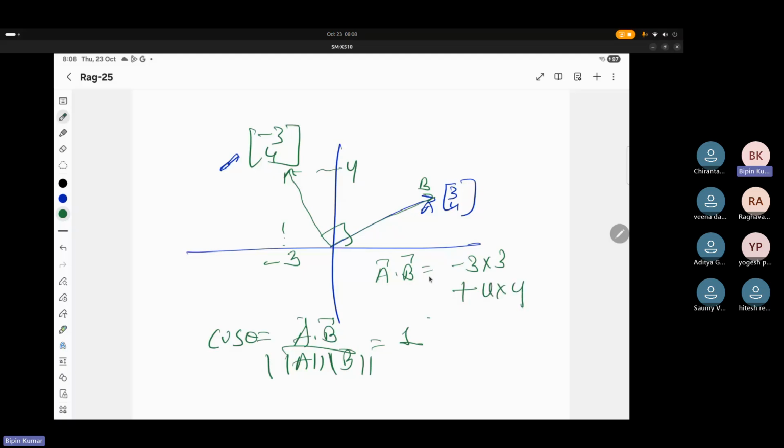If you add this, the value will be 0. So they are dissimilar. This is the second case, when the two are not similar.